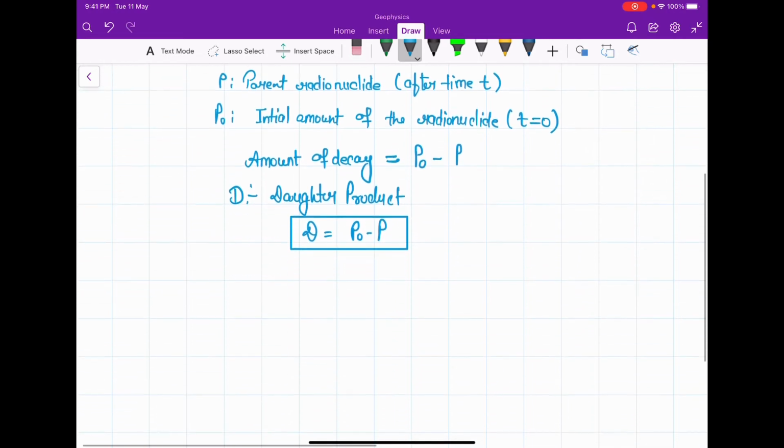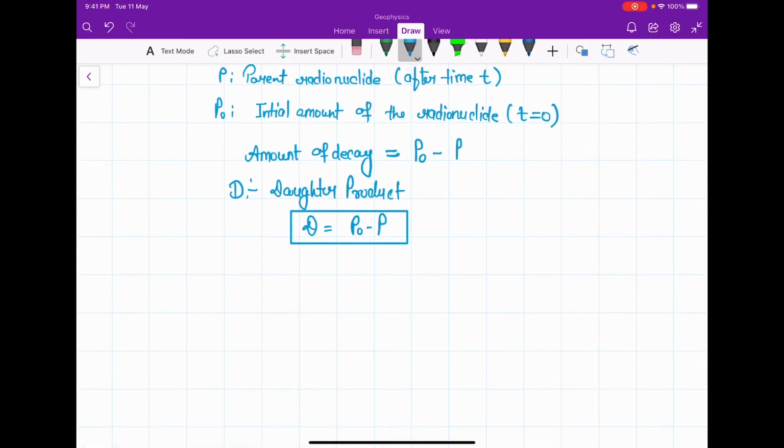Now, we consider P after time t and P naught initially, that is the initial amount.